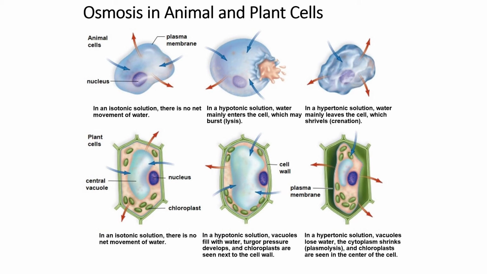So let's talk about cells in these different environments, and I recommend drawing a picture. You can do a circle for an animal cell, a rectangle for a plant cell, and then usually we'll tell you what the solution is.